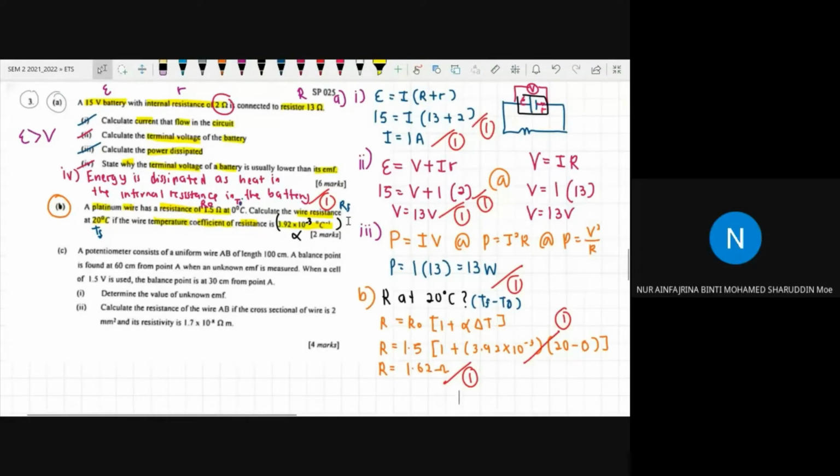Okay, baiklah. Okay, you can try with 3C. Once you are done, tekan nombor 1 ya.